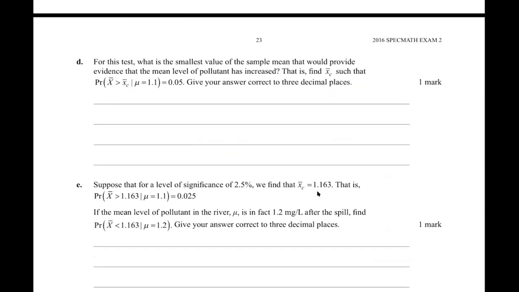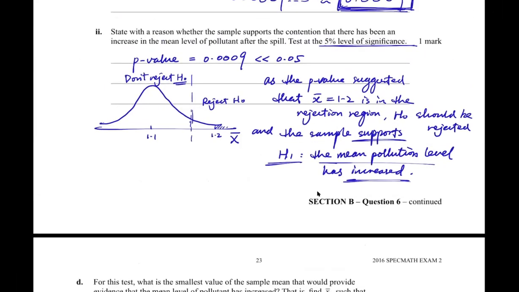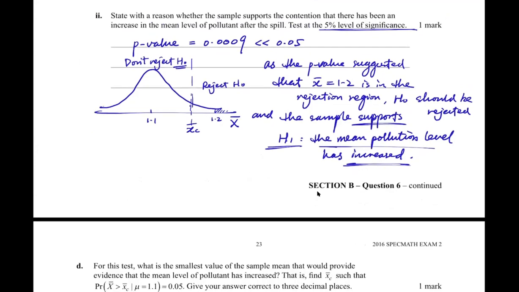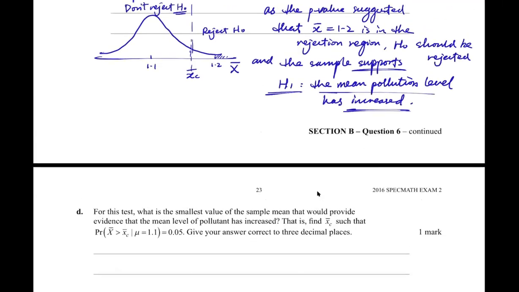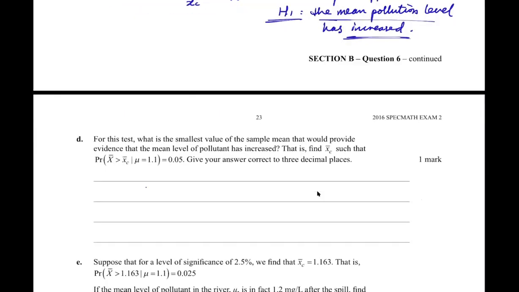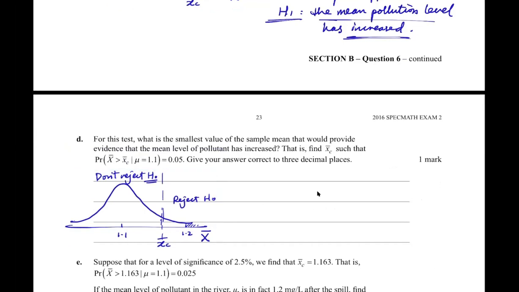For this test, what is the smallest value of the sample mean that would provide evidence that the mean level of pollutant has increased? So we are working out the xc bar here, okay? If you don't mind, you can use your inverse norm distribution, okay? Using inverse norm CDF.